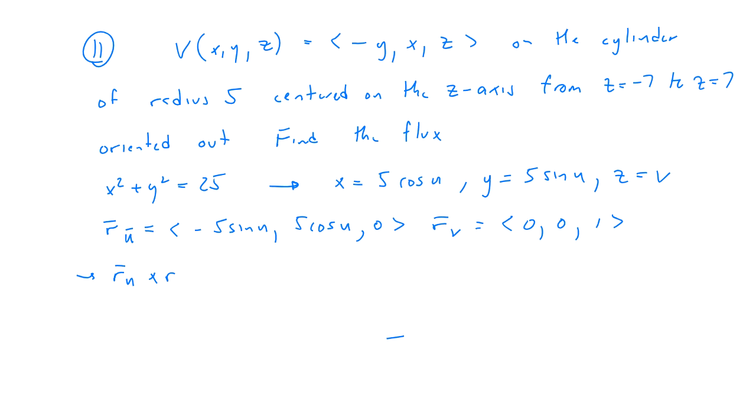Get the normal by taking the cross product, which is, these are all things you should be double checking because I'm doing them fairly quickly. Let's see, is that right? Yes.